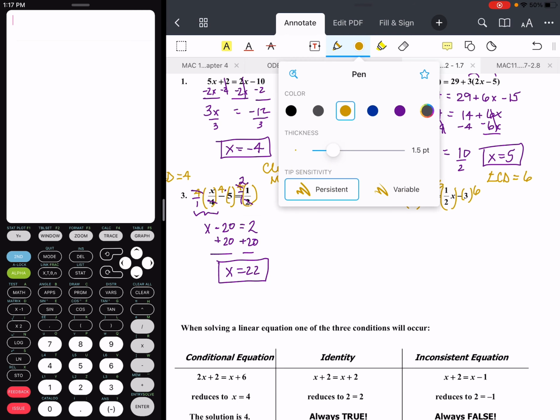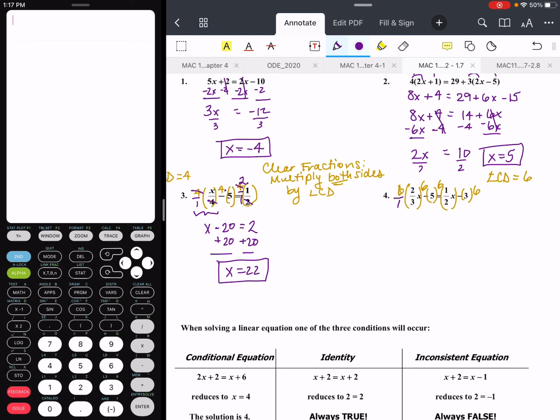All right. 6 divided by 3 cancels to give me 2. 2 times 2x gives me 4x for my first term. Minus 6 times 5 gives me minus 30. Bring down my equal sign. I have a 6 in the numerator divided by the 2 in the denominator, which leaves behind a 3. 3 times 1 times x gives me 3x, and then minus 3 times 6 is minus 18.